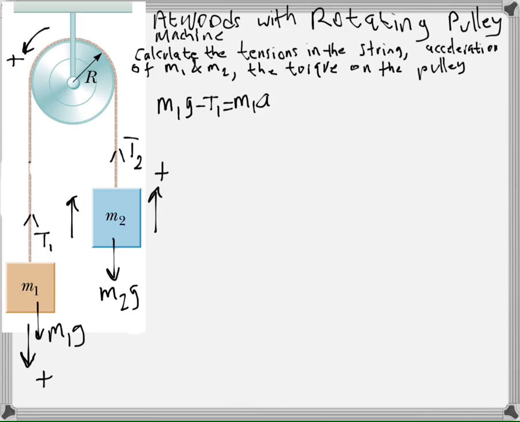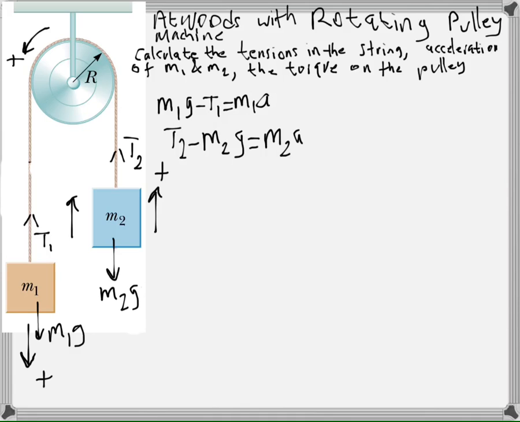To be consistent with the motion of M1, we have to choose the upward direction as positive for the mass M2, because if M1 is going down and positive, then M2 must go upward positive. Just like we choose the rotational direction for the pulley. Since M1 is going down and it is taken as plus, this direction of rotation must be chosen as plus. Just like this, we do this choice, then T2 minus M2G is equal to M2 times A.